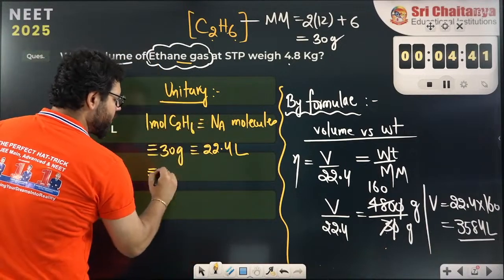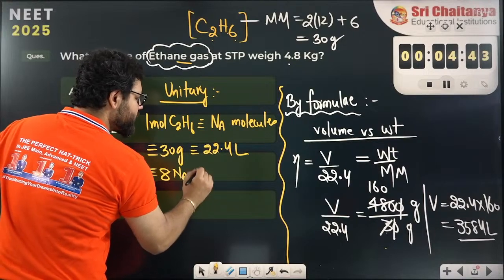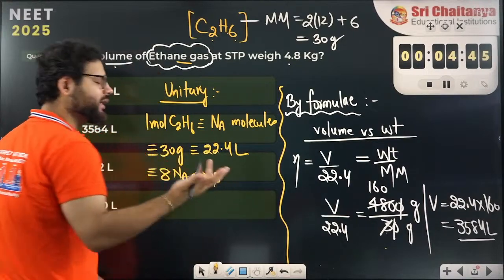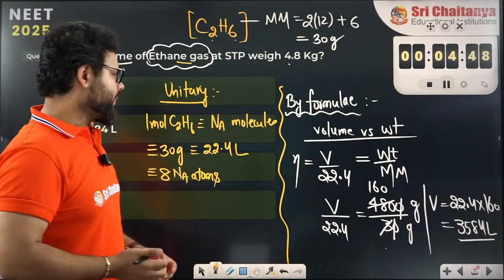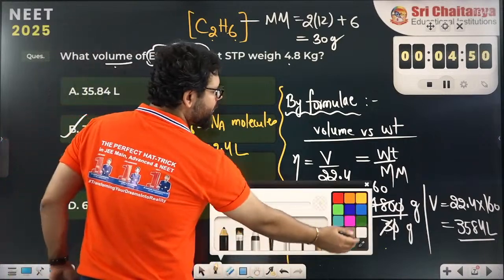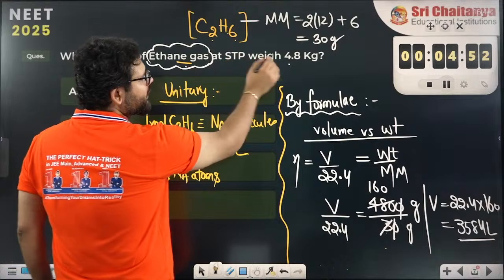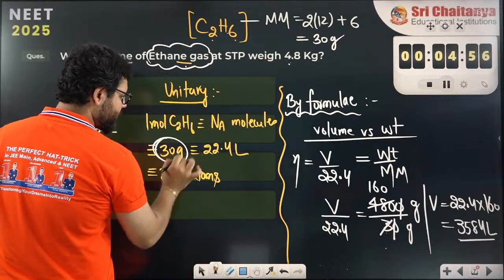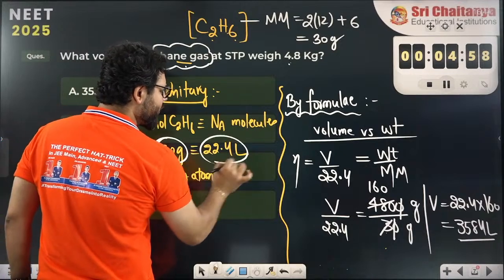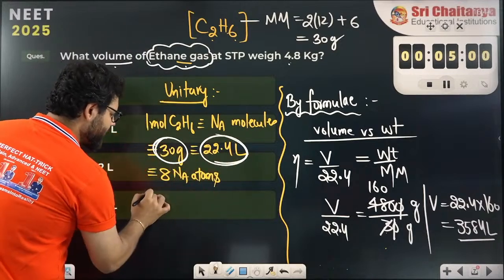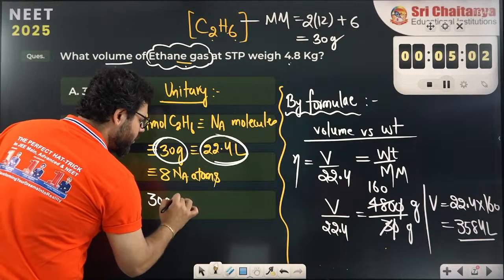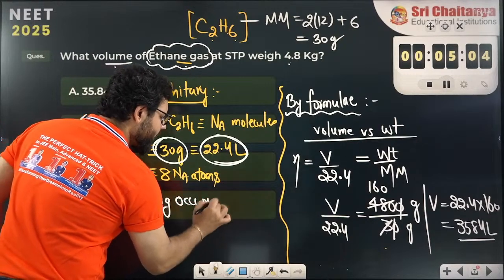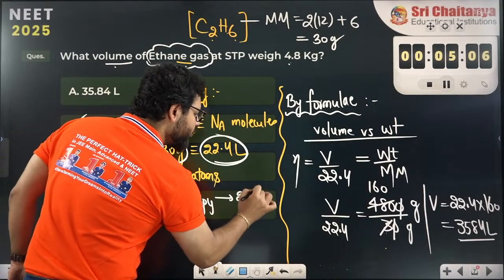So Avogadro molecules will have 8 Avogadro atoms. I could say like this also. Now our aim is to compare volume versus mass. So 30 gram is the mass and the volume is 22.4 liter. So 30 gram occupy 22.4 liter.